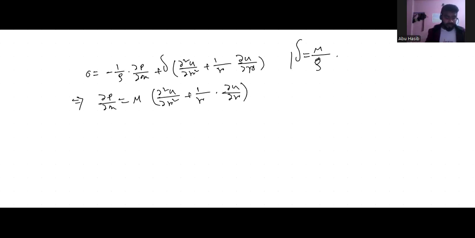Then we can write that r d squared u by dr squared plus du by dr is equal to r by mu into dp by dx.